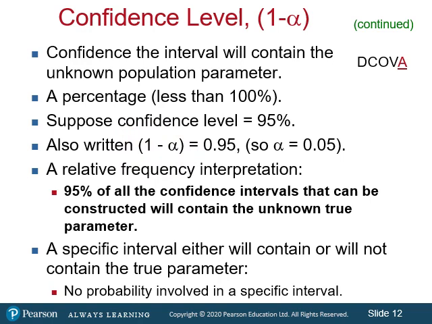So 1 minus 5%, you get 95%. So the confidence level is 95%. A relative frequency interpretation is that 95% of all confidence intervals that can be constructed will contain the unknown true parameter. Only 5% of the time the X bar that we calculate will be outside the true parameter.